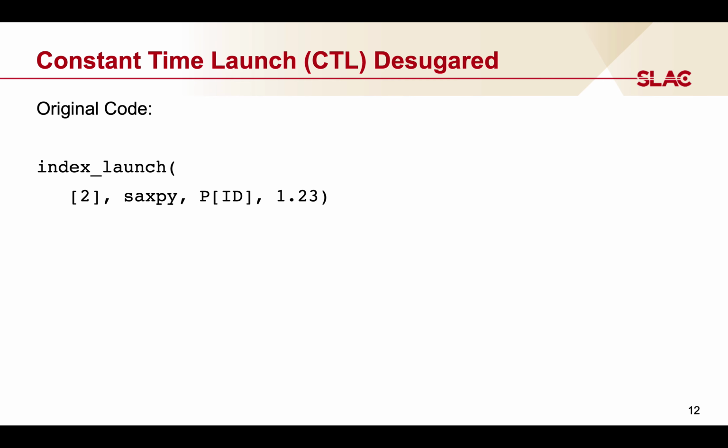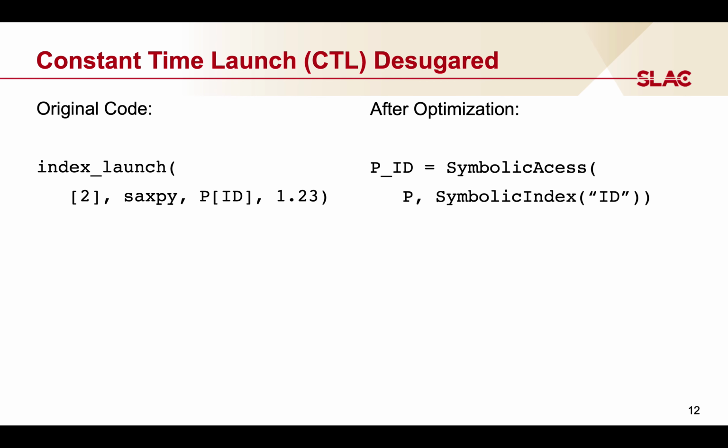When you run this code, you can think about it as essentially being desugared in this way. This is not literal Python code, but it's showing you what's happening behind the scenes. So this ID is essentially a symbolic variable that represents the loop index, right? And so what we're storing when we're executing this Python code is actually an AST that describes this expression that we're going to execute.